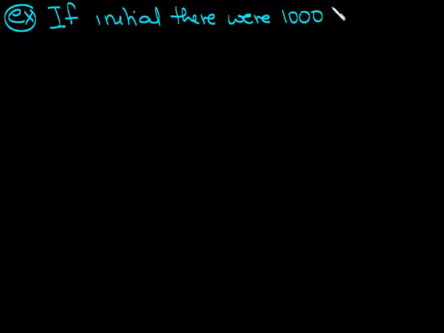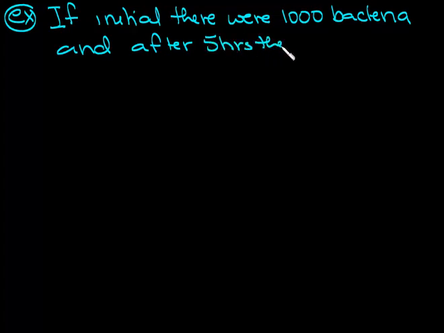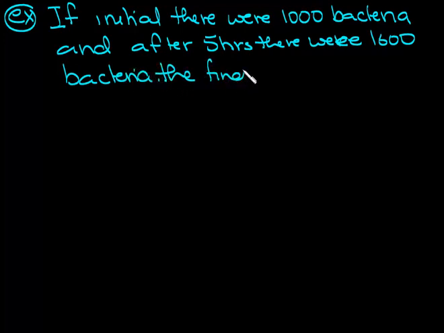If initially there were 1,000 bacteria and after 5 hours there were 1,600 bacteria, then find two things.